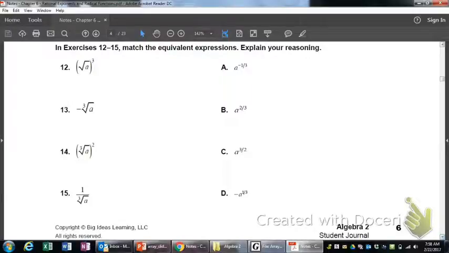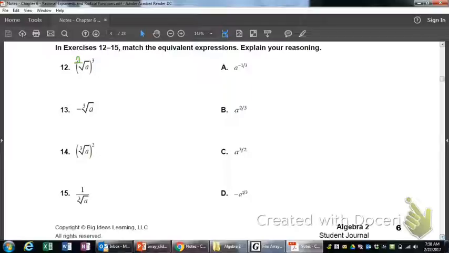So in numbers 12 through 15, this is actually a matching game. They're asking you to take the root and put it into fractional form. So they have the square root of a cubed. What you need to remember is that anytime you see a square root, there's actually an invisible 2 that you can't see right there.